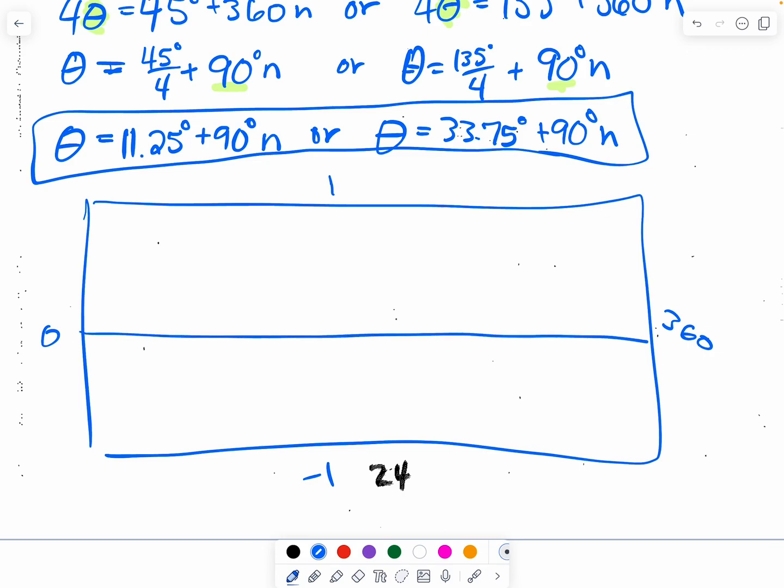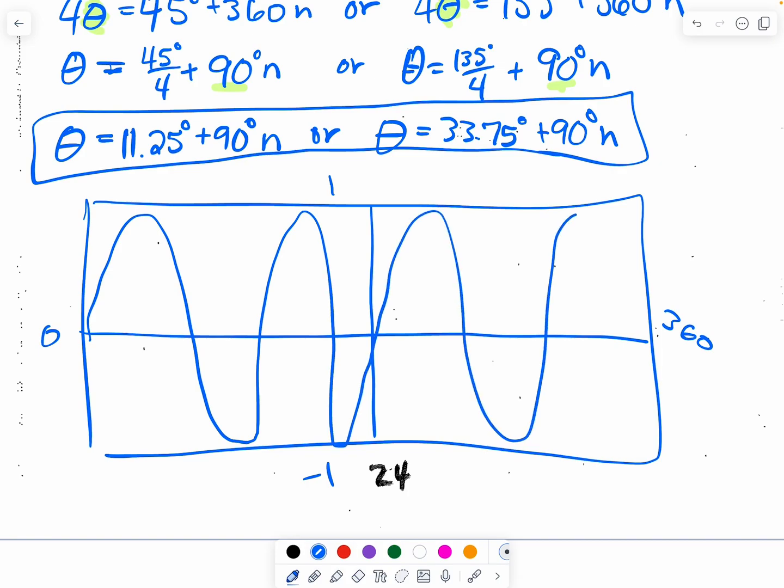This is a sine curve, roughly like that. We wanted to find out when the sine is radical 2 over 2, and that happened in four places: 1, 2, 3, 4.